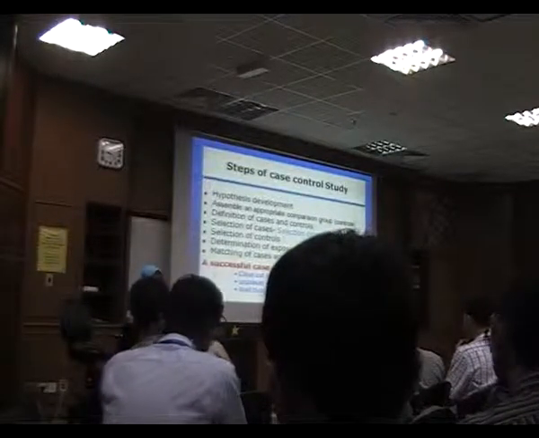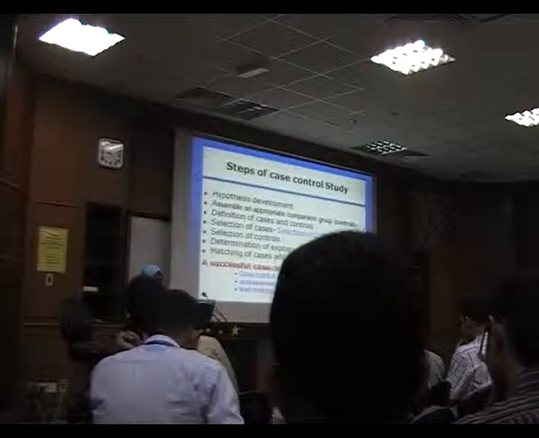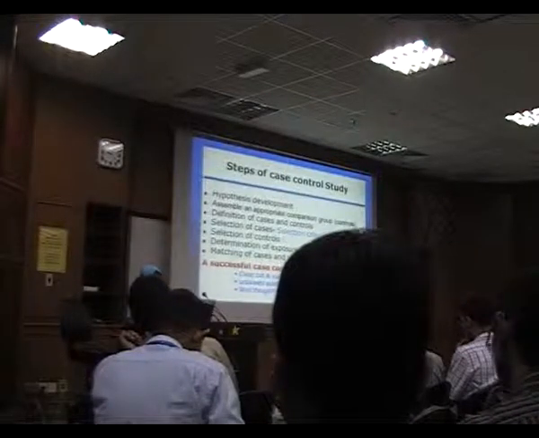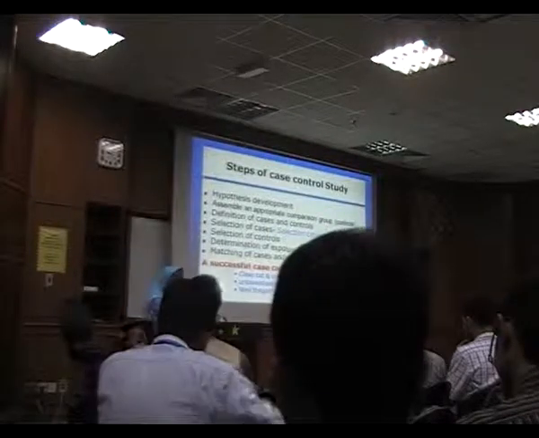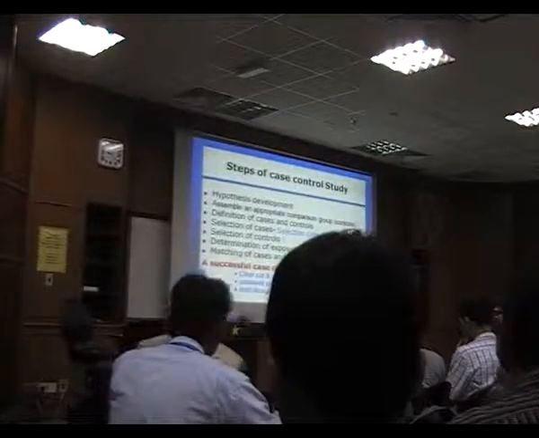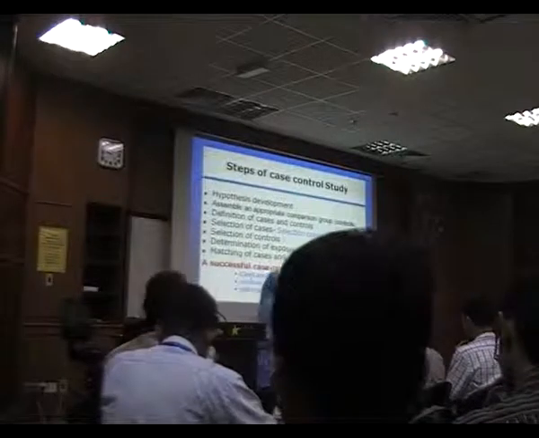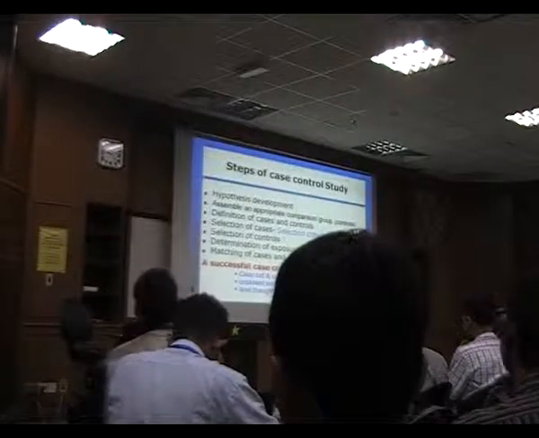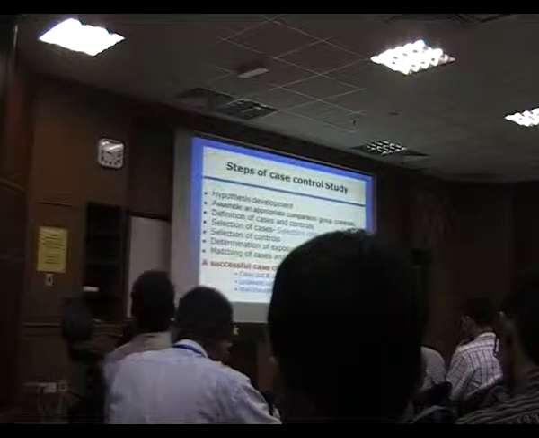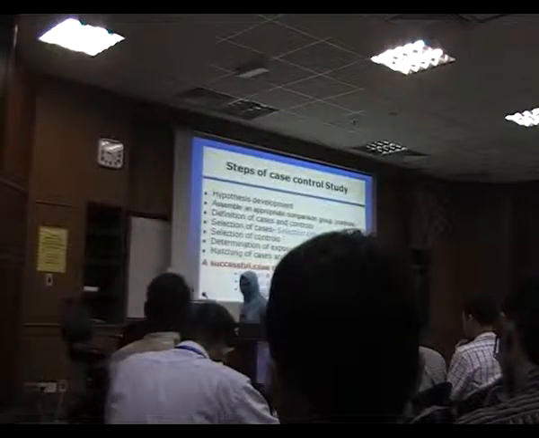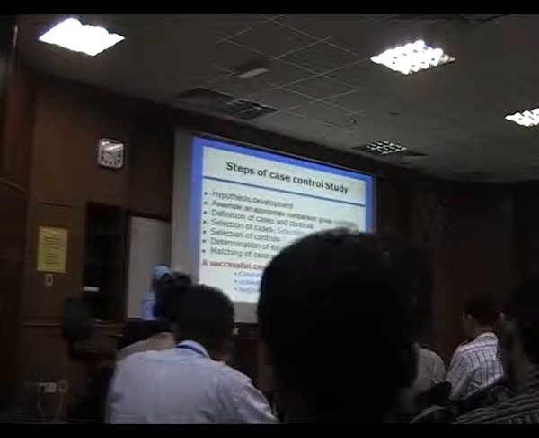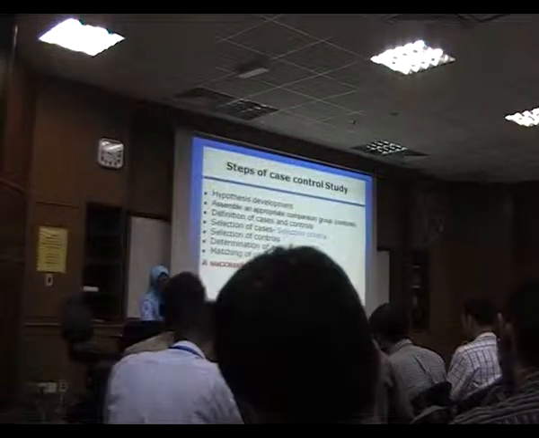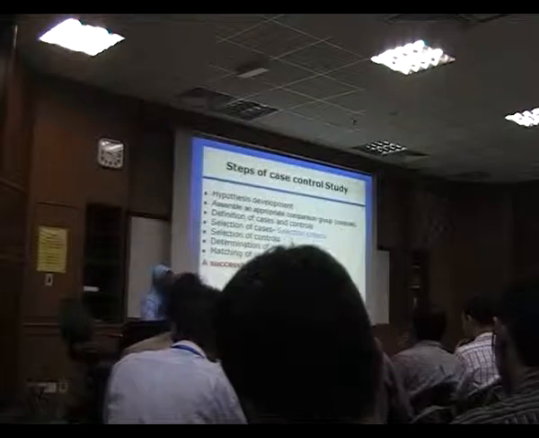So a successful case control study should have clear-cut and unambiguous definitions. There should be no zigzag, no may, no might. This is this, this is this. You have to be very clear. And there should be an unbiased selection procedure, and it should be a well thought out way of measuring the exposure.